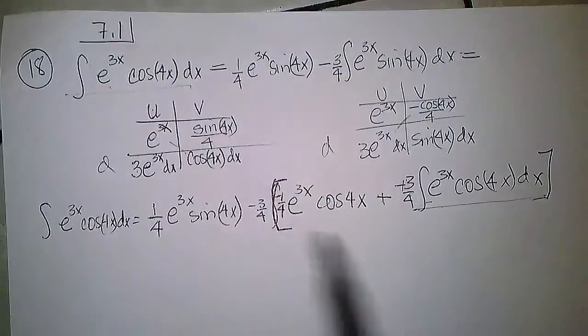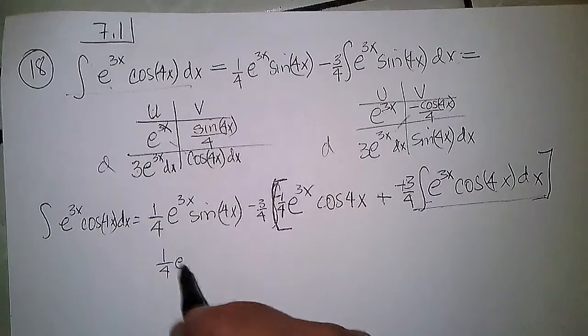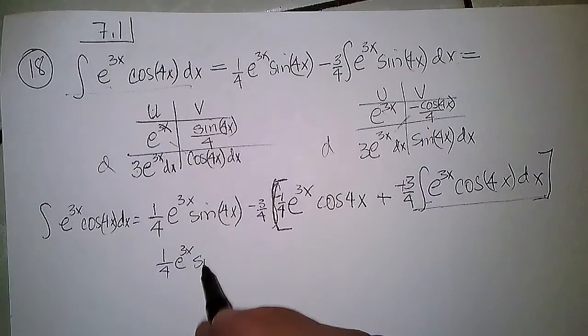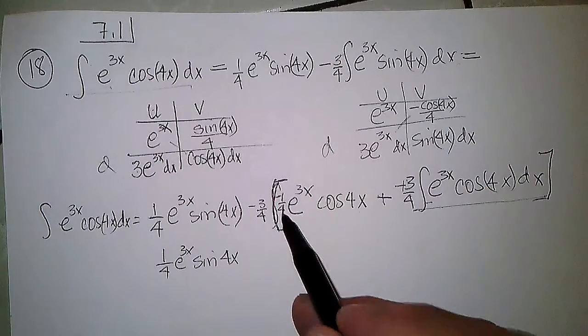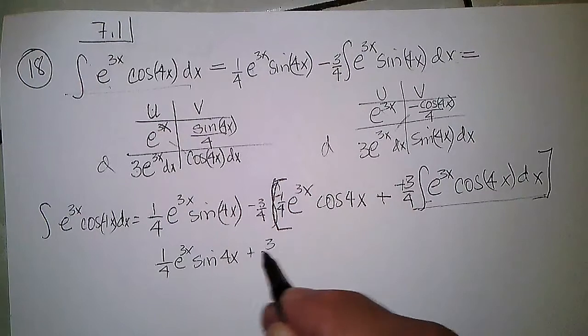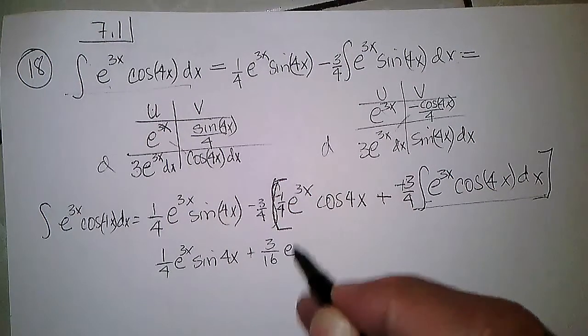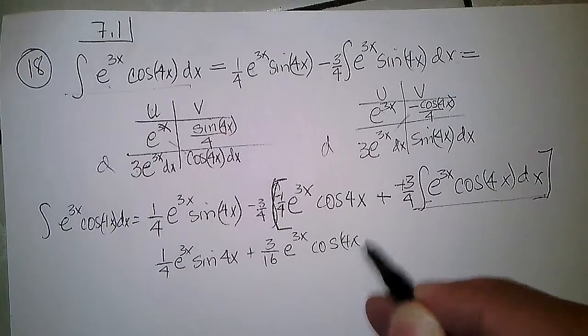So now let's get this cleaned up a little bit. So we got 1/4 e to the 3x sine 4x minus 3/4 times 1/4 is plus 3/16 e to the 3x cosine 4x.